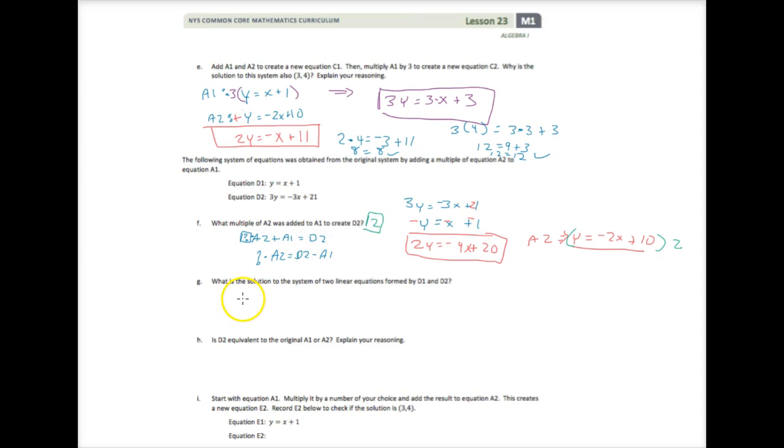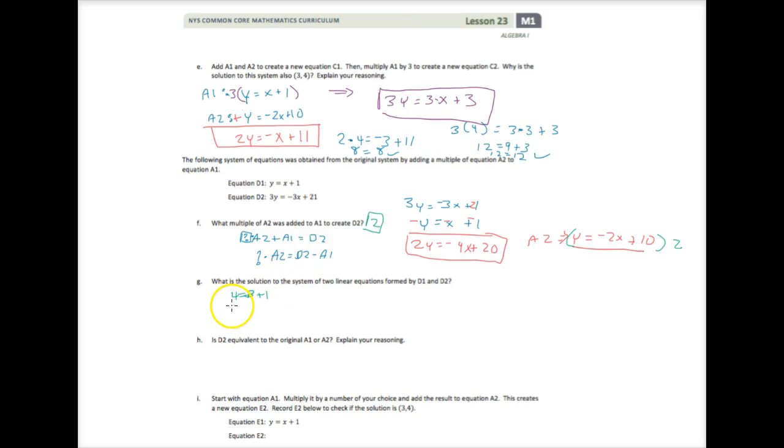What is the solution to the system of the two linear equations formed by D1 and D2? Well, we got D1 and D2. What's the solution? I haven't done anything different. I bet you if we put 3 and 4 in there, we're going to get it. We know it's x equals 3 and y equals 4 here. 4 equals 3 plus 1.